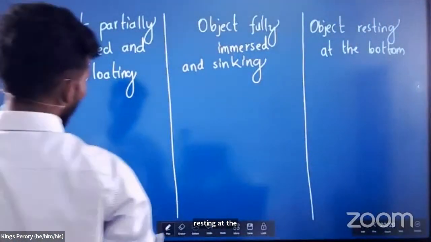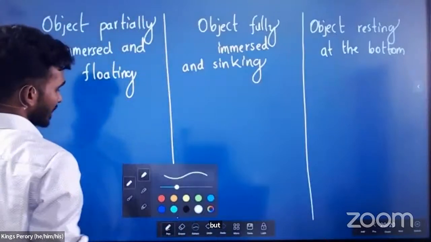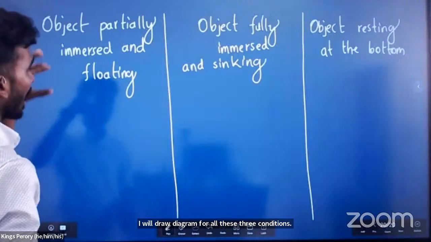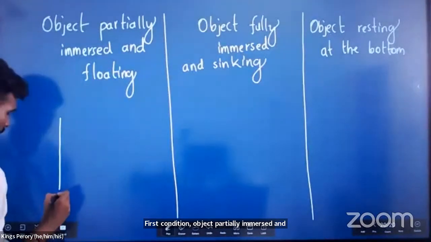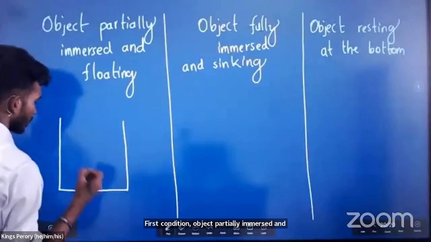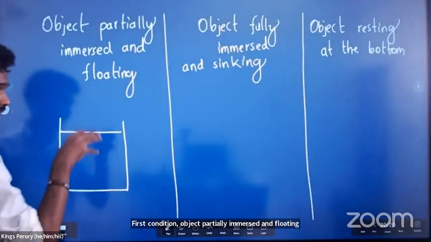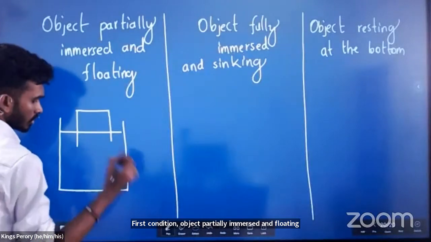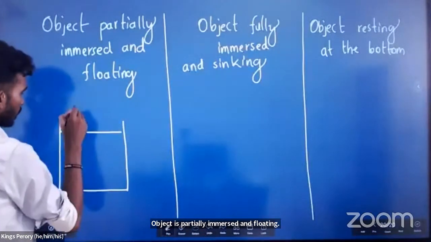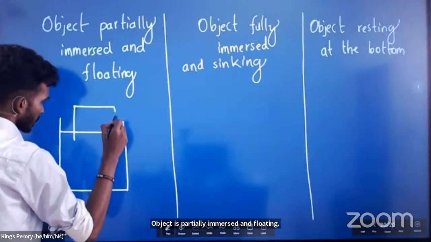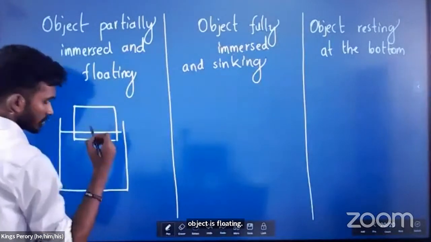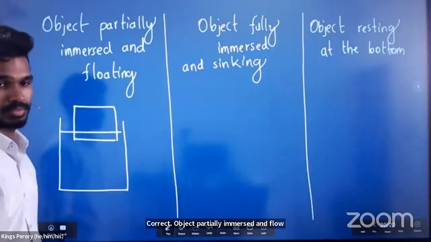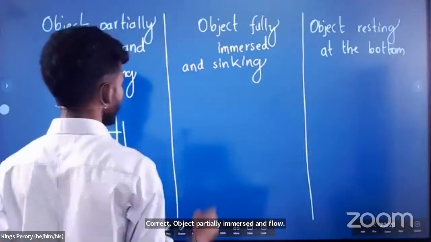First, I will draw a diagram for all these 3 conditions. First condition, object partially immersed and floating. Object is floating, but slightly immersed. Correct? Object fully immersed and sinking.